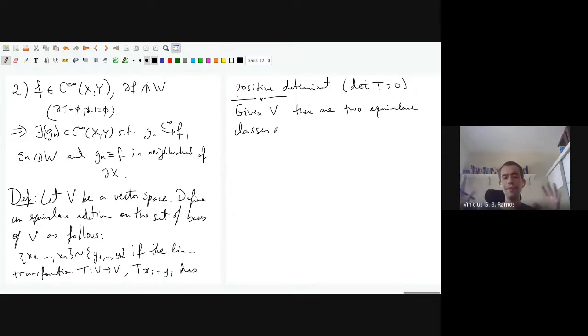If you take a basis and change the order of x1 and x2, then you get a linear transformation of determinant -1. So you can always find a non-equivalent one. And given any bases you want, they're either in the same equivalence class or in the other one. And if you apply another one that's not in it, then you get back to it. This is an observation or an exercise.